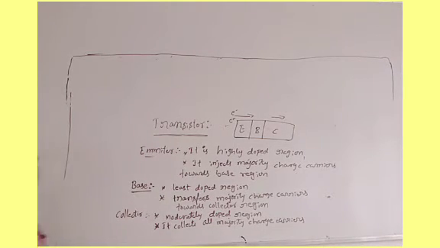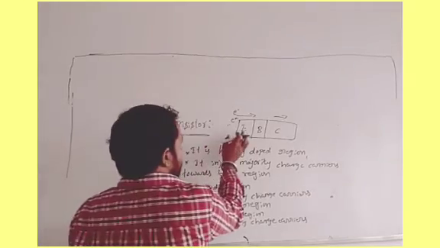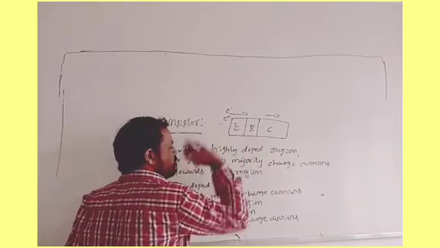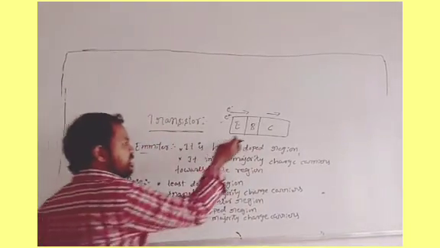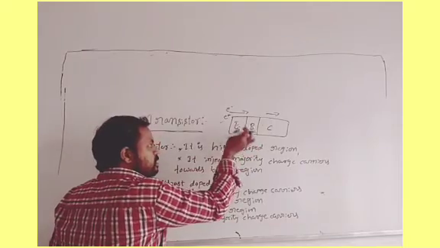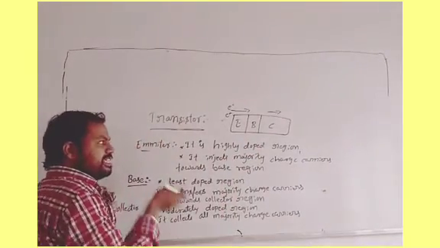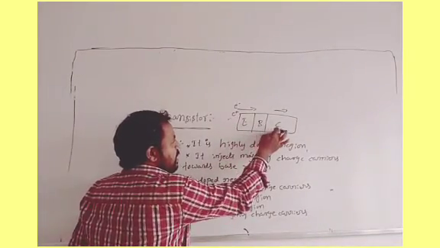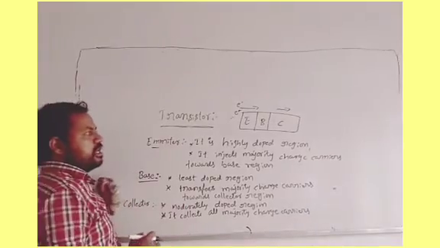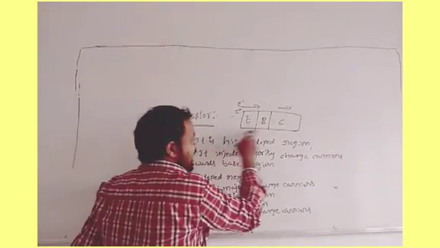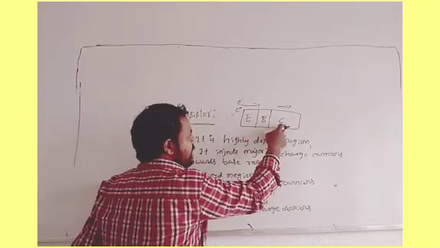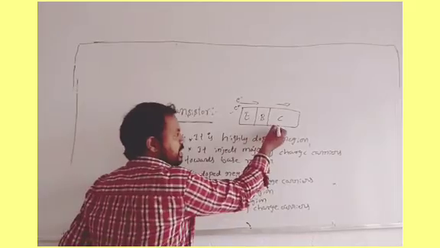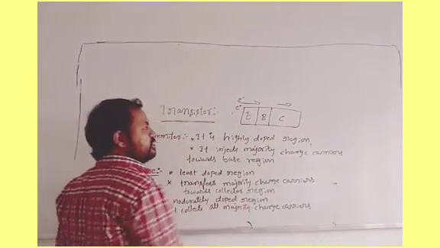If we go through the size of the emitter, base and collector, the base has a very small thickness, so it is lightly doped. It is the least doped region. Compared to the collector and the emitter, as I have mentioned, the size of the collector is greater than the size of the emitter.